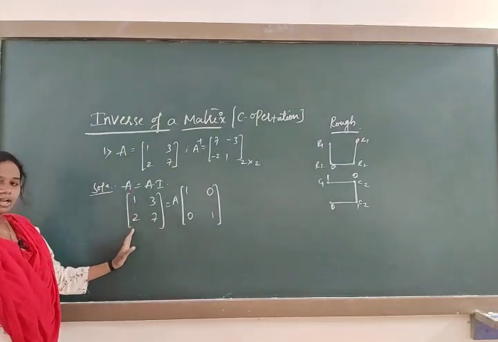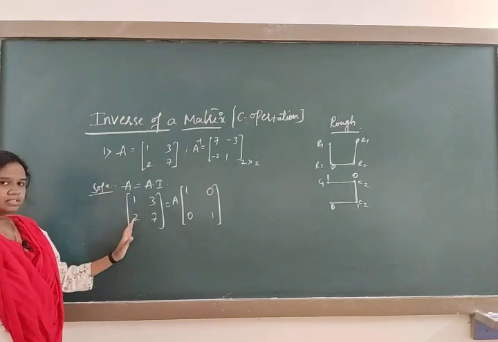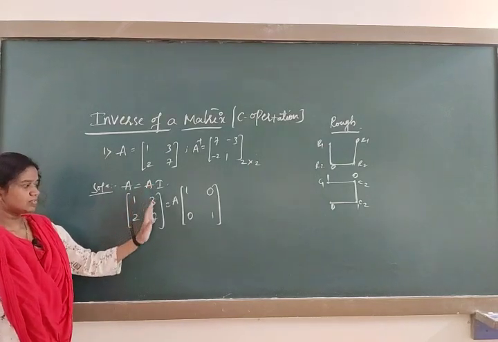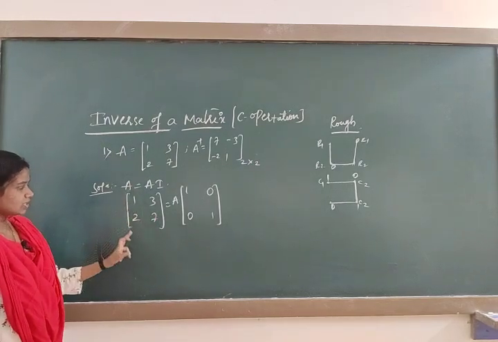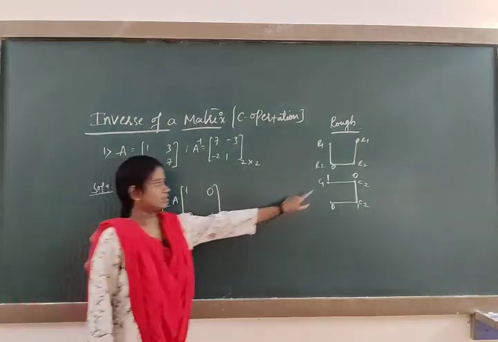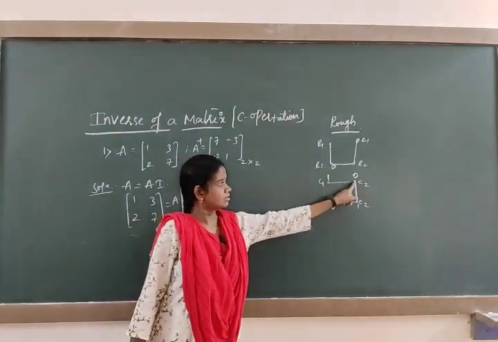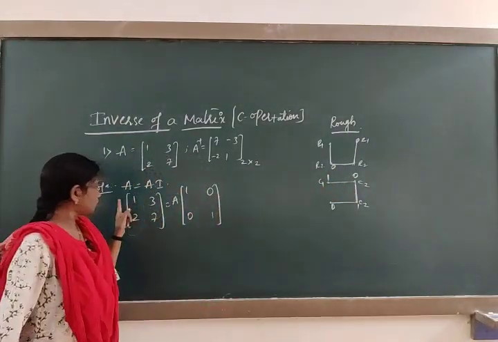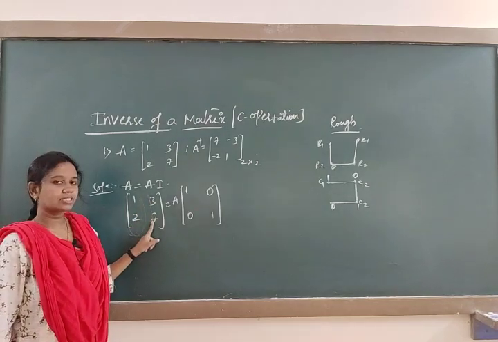This vertical line is called column C1 and this vertical line is called C2. First of all observe, in this vertical line, is the first element 1? Yes, C1 is 1. Now move to this line, and this vertical line is treated as C2.